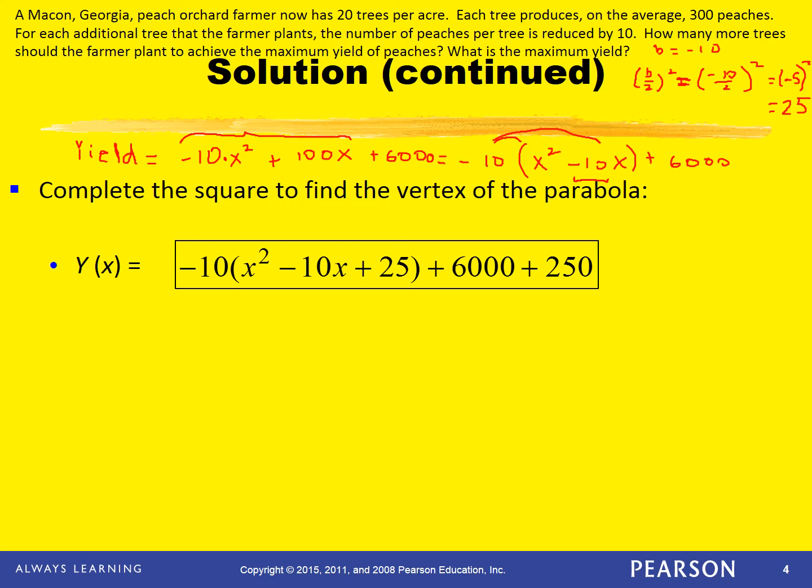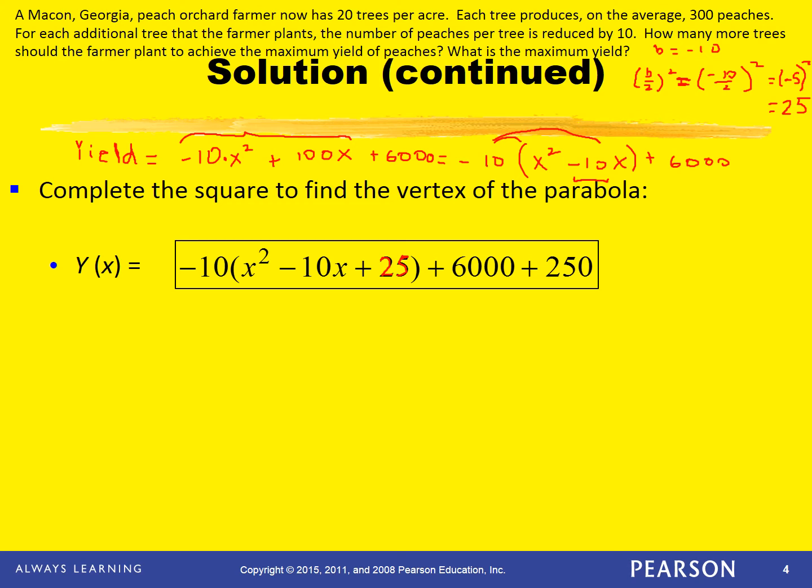This 25 right here completes the square. That makes the inside of the parentheses a perfect square trinomial, which we'll be able to factor, and then that'll help us get vertex form.